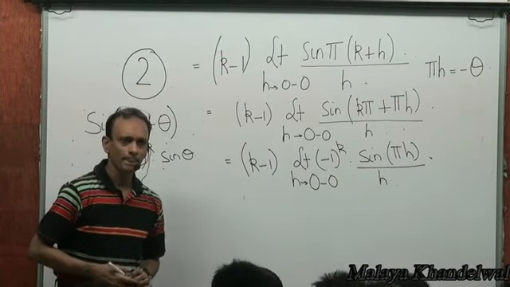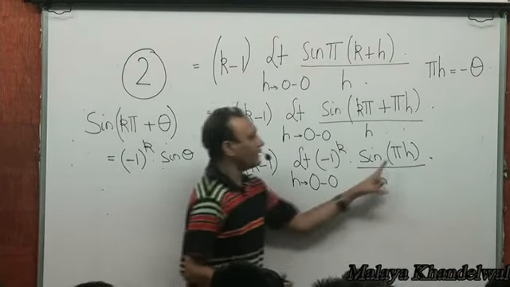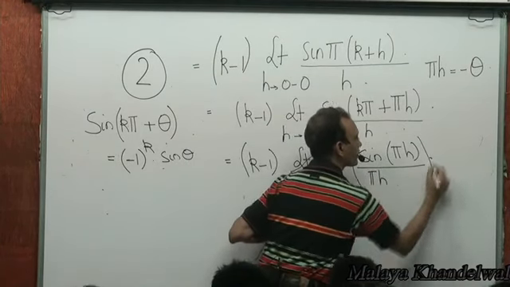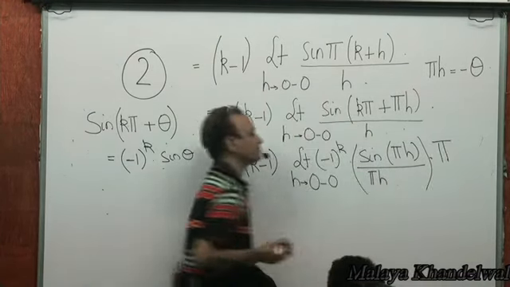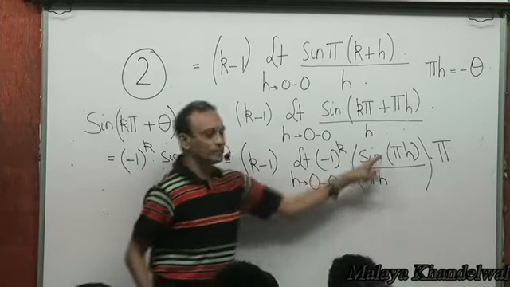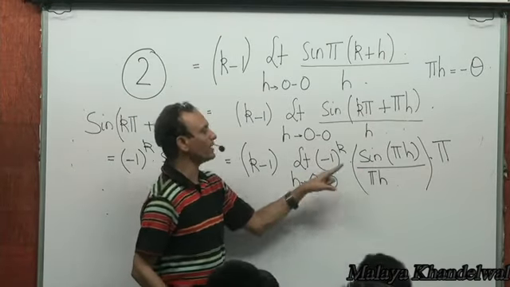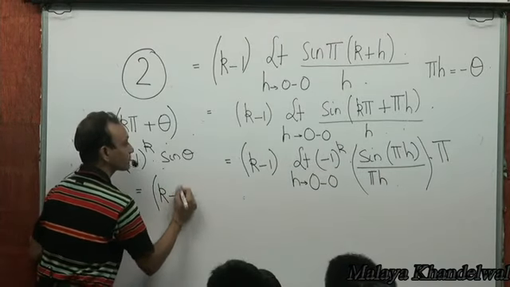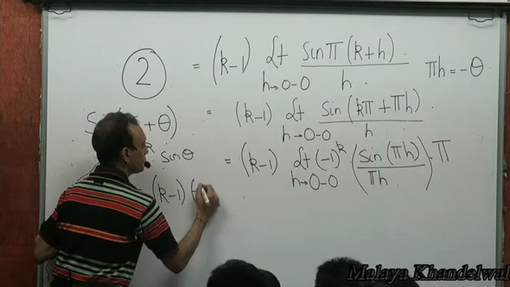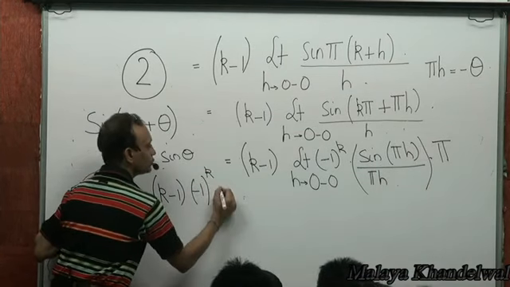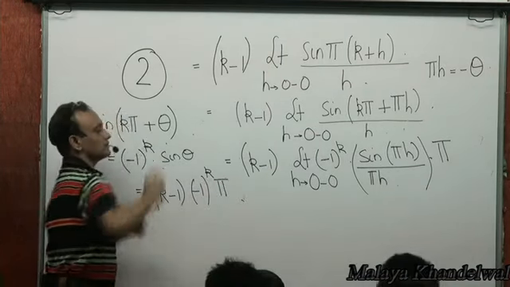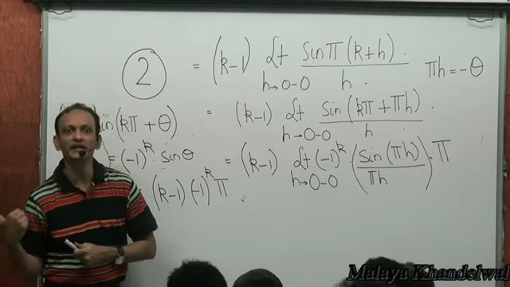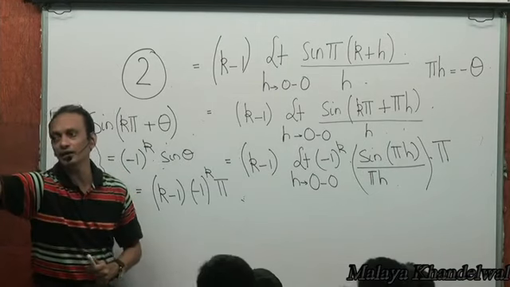Clear? Yes or no? And now you multiply and divide by pi. This will be 1. This will be minus 1 to power K. So this then turns out to be minus 1 to power K into pi. That's the left hand limit at x equal to K. Now what about the right hand limit at x equal to K? Everything will remain the same.